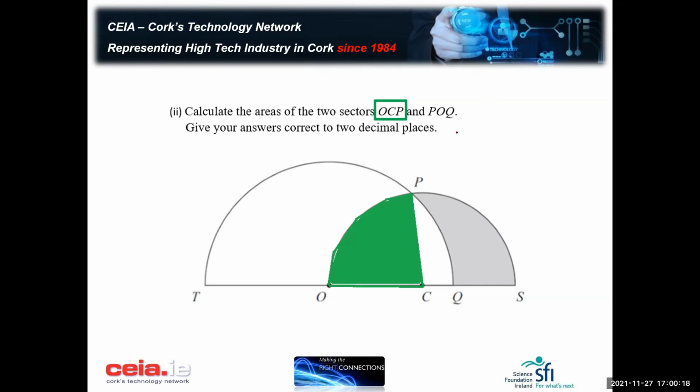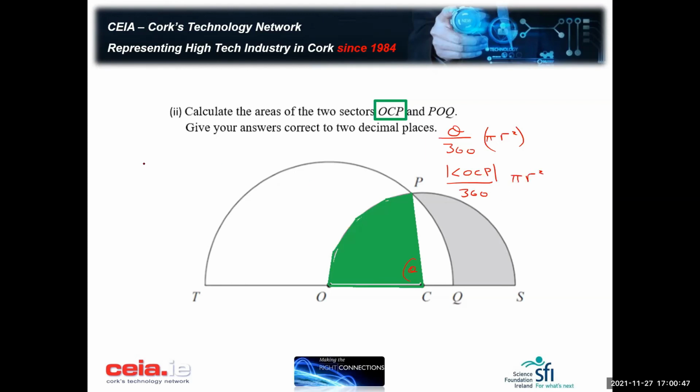In general, it's theta over 360 times pi r squared, pi r squared being the area of the entire circle. In this case, theta is whatever angle OCP was. So that's angle OCP over 360 times pi r squared.